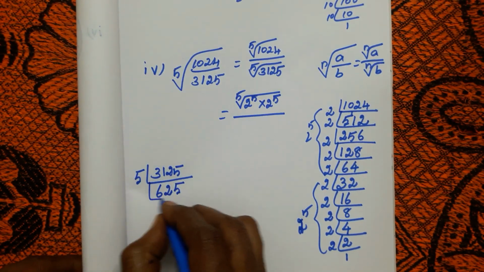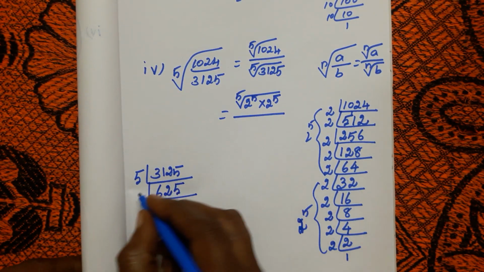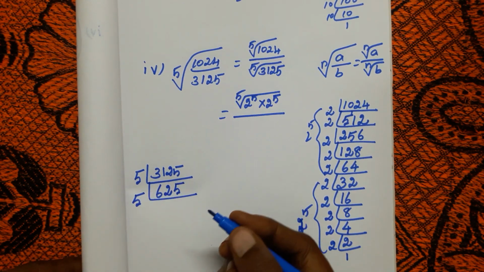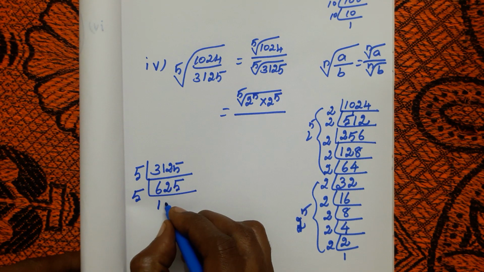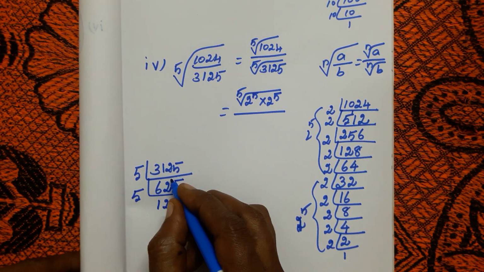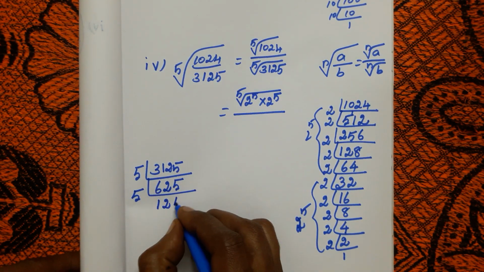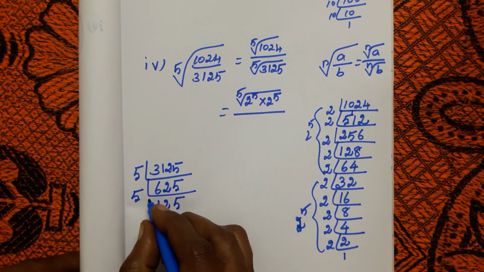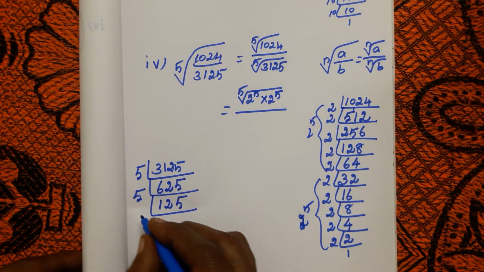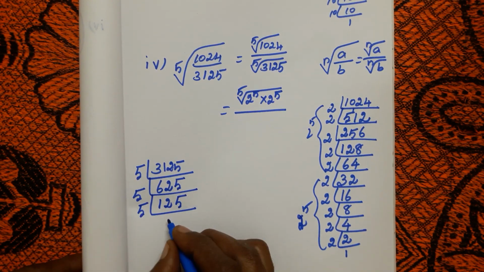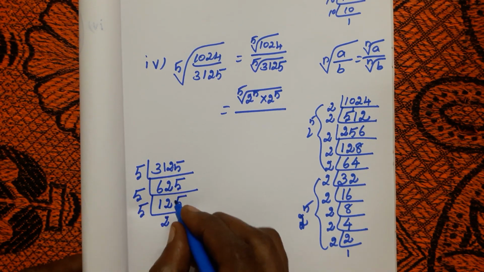Again, which table can we factorize? Yeah, 5 table. 1 5 is 5, 1 balance. 2 5s are 10, 2 balance. 5 5s are 25. Again, 5 table. 2 times 10.